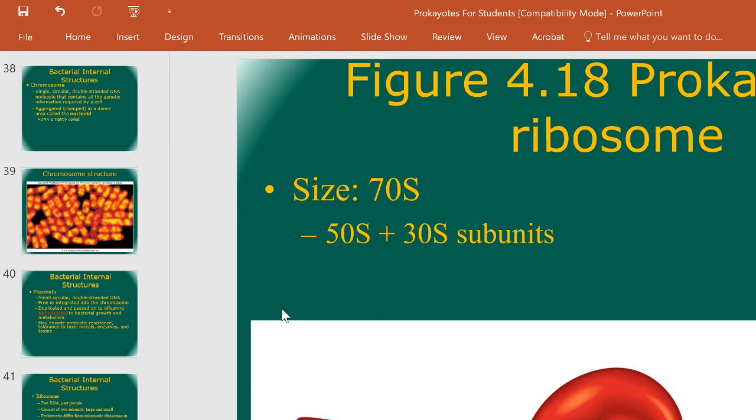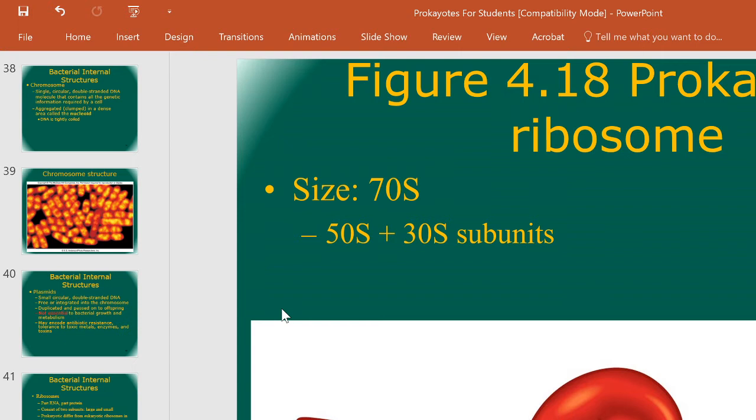It's kind of weird. It's actually a measurement of speed or time, but it's called a Svedberg unit. We won't get into that too detailed, and I won't ask you about the large and small subunits, but I do want you to know the size of the bacterial ribosome is 70S.